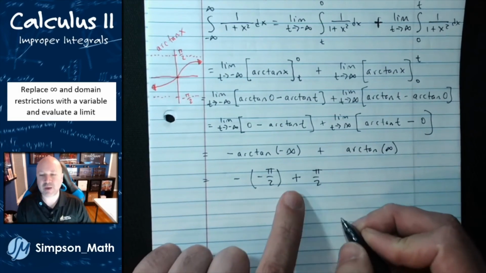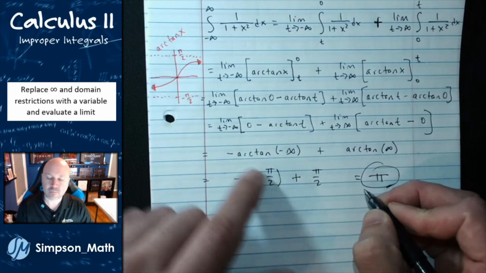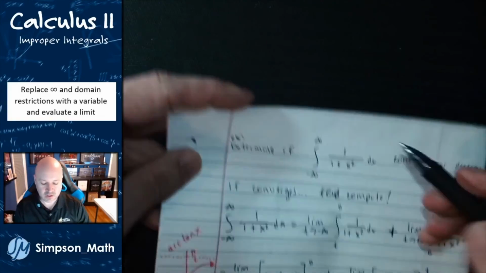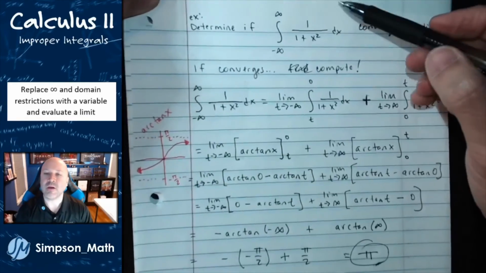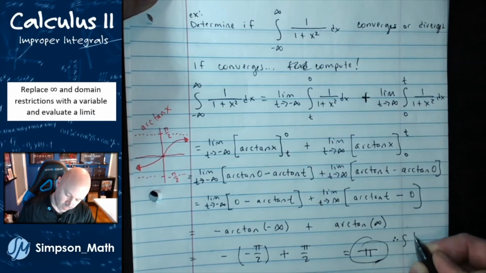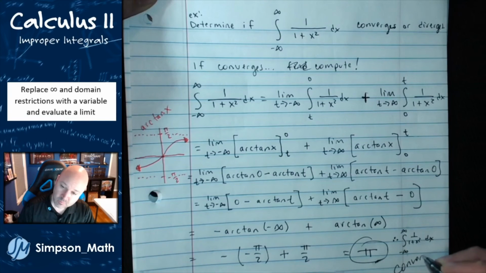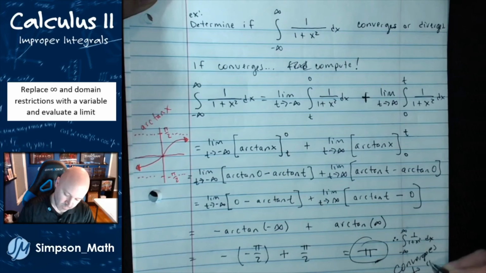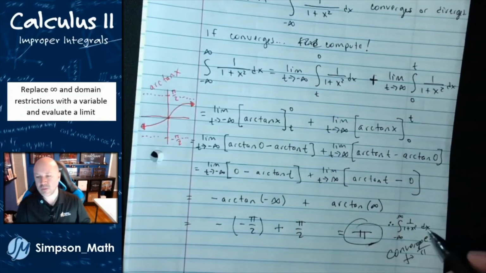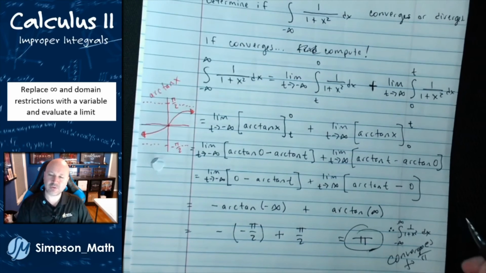So I have pi halves plus pi halves, that's 2 pi halves, or a nice pretty pi. Therefore, that integral converges to pi. That's an interesting number to add up to.